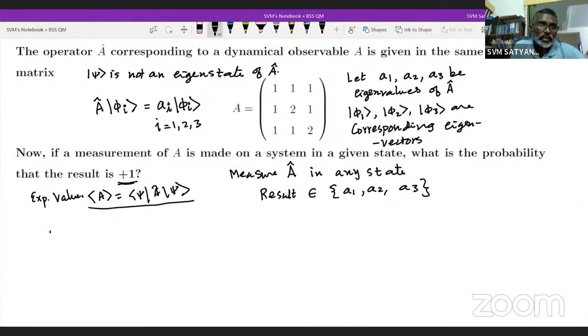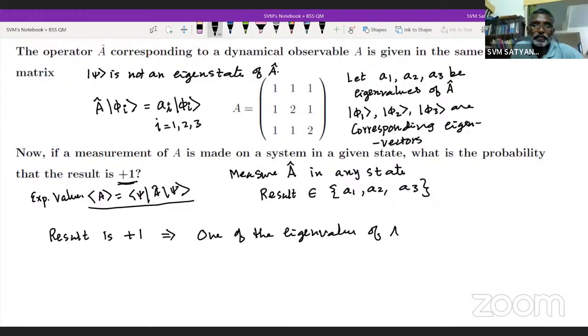So result is +1 implies one of the eigenvalues of A is +1.